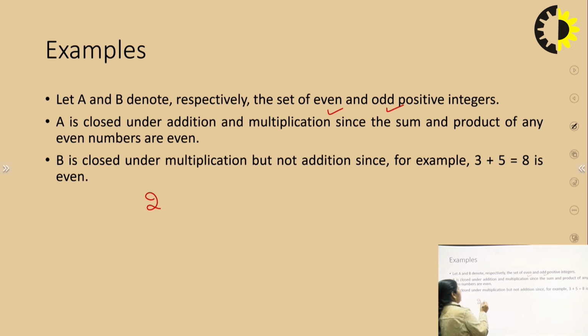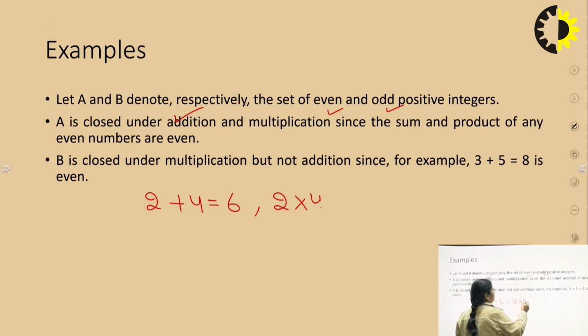Any two even integers I take, I will again get an even integer in the result. So it is closed under addition. If I take multiplication of two even integers, it will also be an even integer.